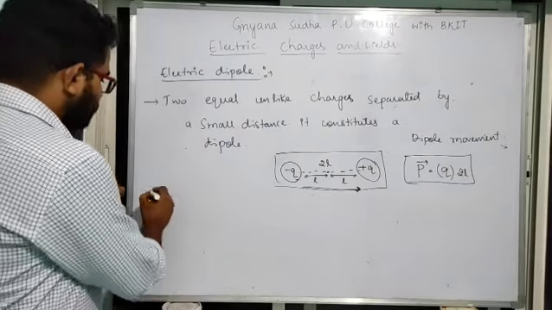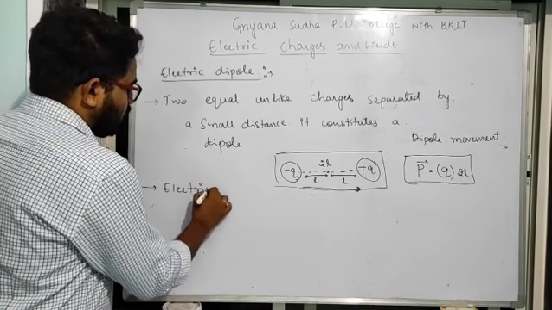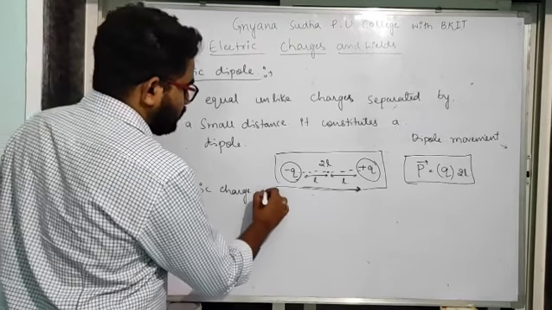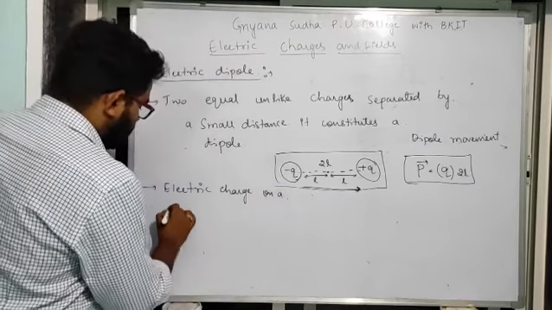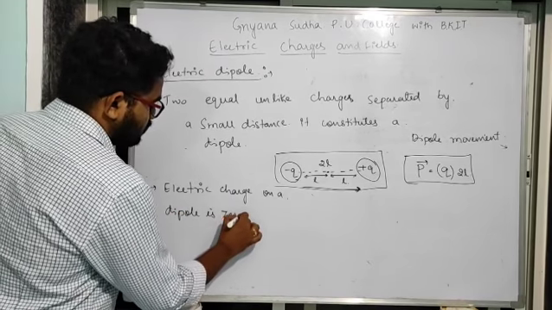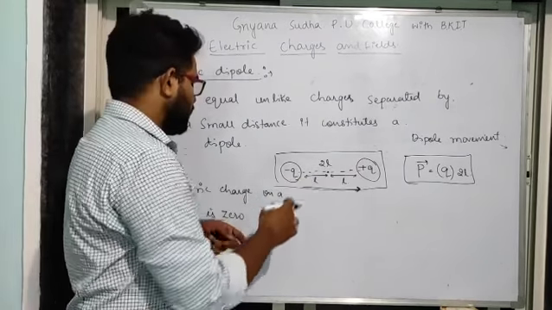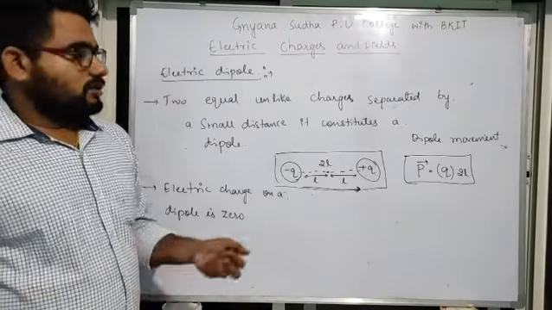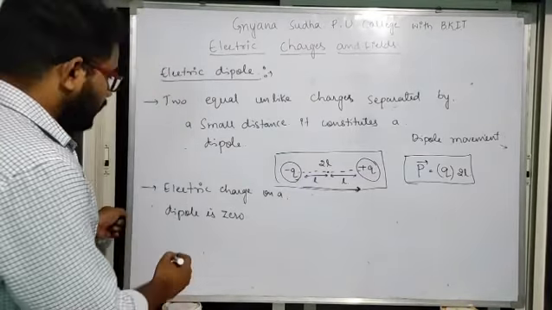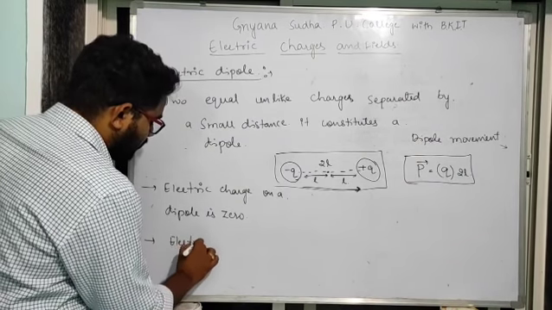Now electric charge on a dipole is 0. Electric charge on a dipole is 0. इसके बीच में अगर हम कहीं पे भी चार्ज देंगे that will be 0 because यहाँ नेगेटिव चार्ज यहाँ पॉजिटिव चार्ज क्या हो जाएगा कैंसिल. Okay, but there will be electric field.